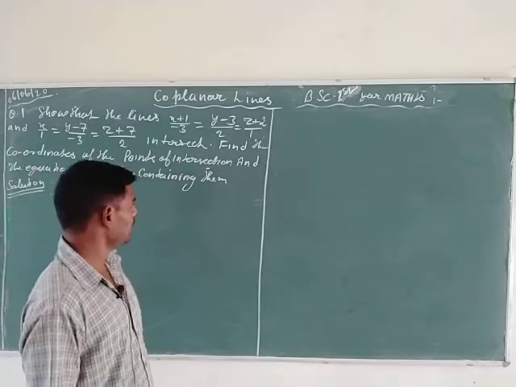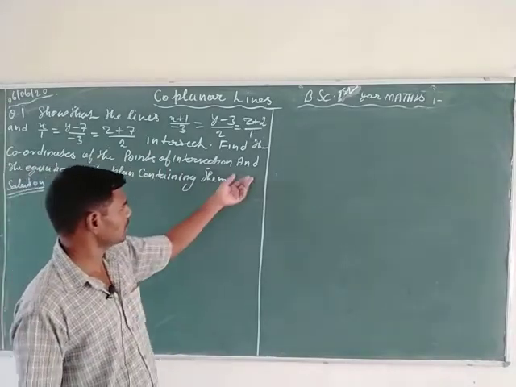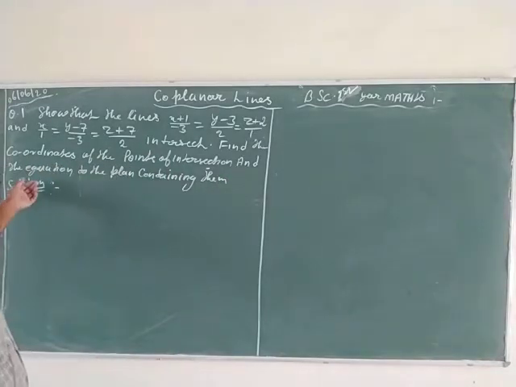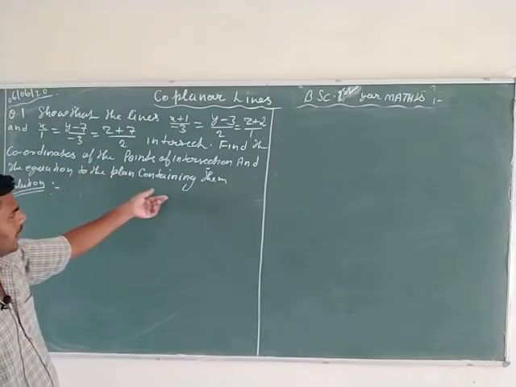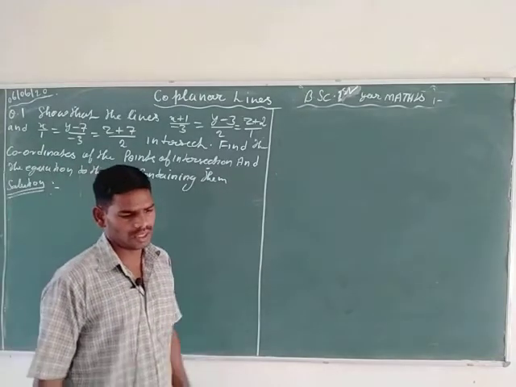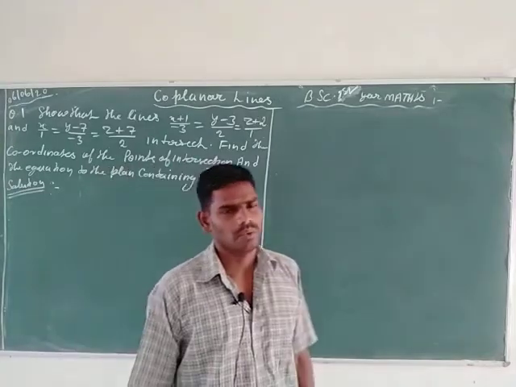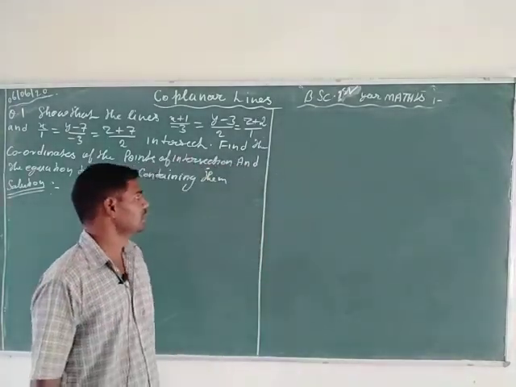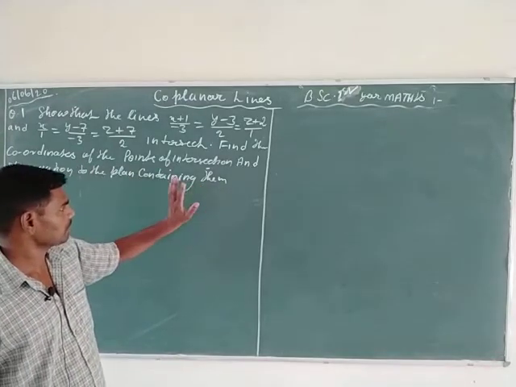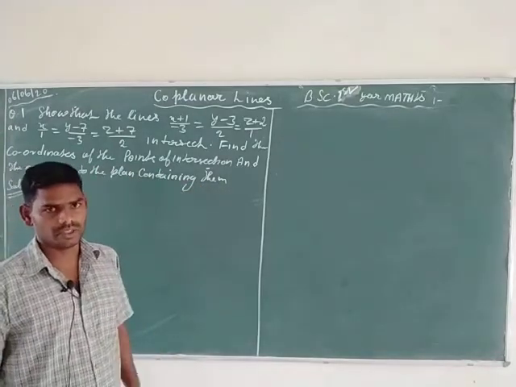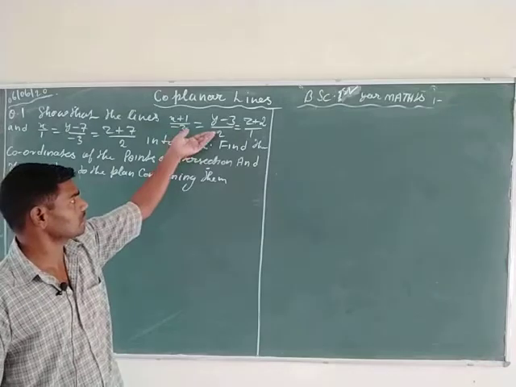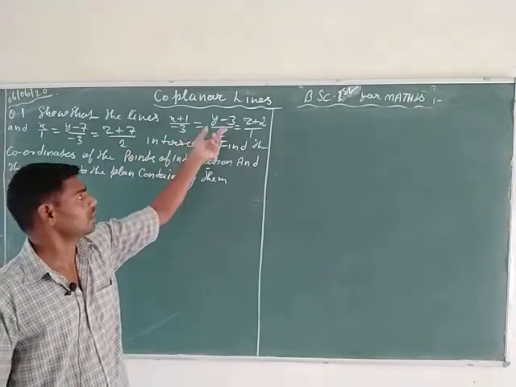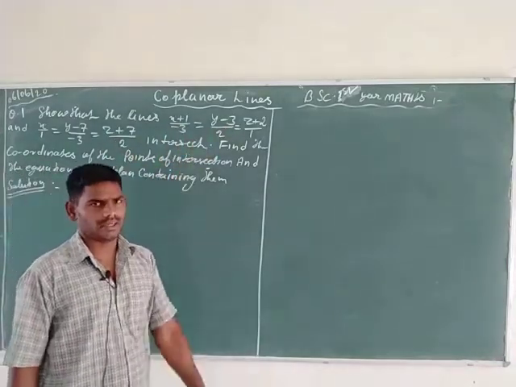The third part is to find the equation of the plane containing them, meaning the equation of the plane in which both intersecting lines lie. So calculate the plane equation which contains line first and line second.